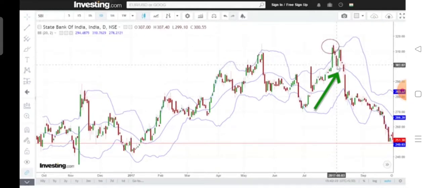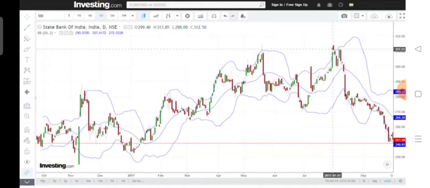Then the price retraced back and then there was again an up move, but this time price failed to move beyond the Bollinger Band. Now this is classically called an M top. See here, the first top was a little bit higher than the second top, but suppose this was not the case. Even if the second top was higher than the first top but within the Bollinger Band, even then the pattern is valid.